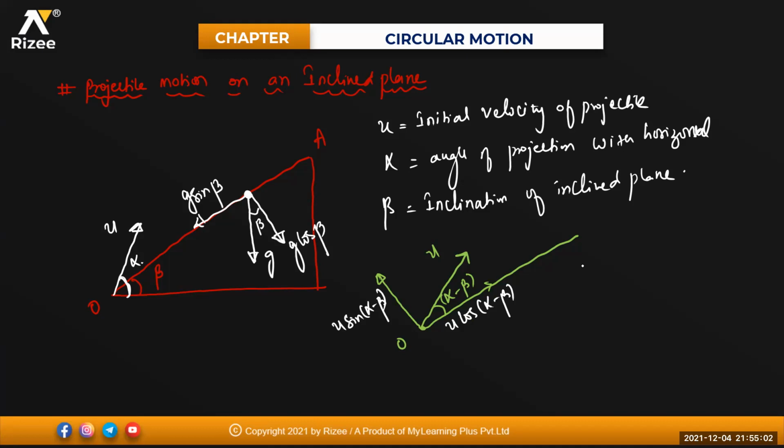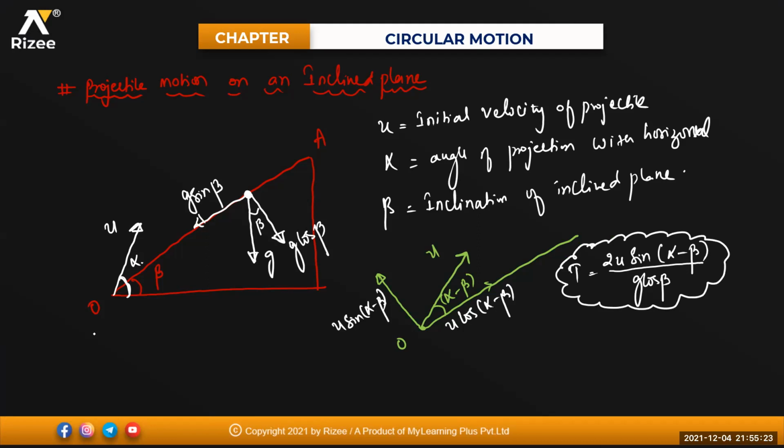For time of flight, the vertical displacement will become 0. So the time of flight formula is T equals 2u sin(alpha minus beta) divided by g cos beta. Very important relation, beta.